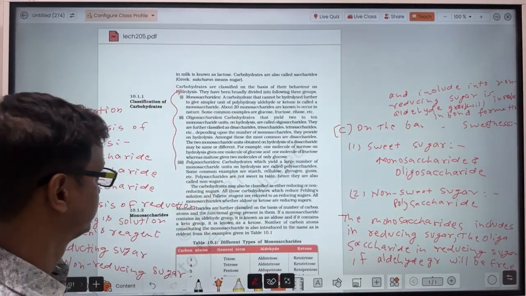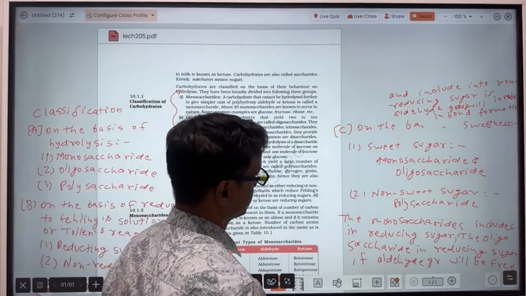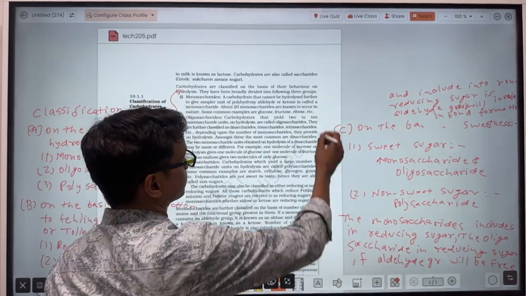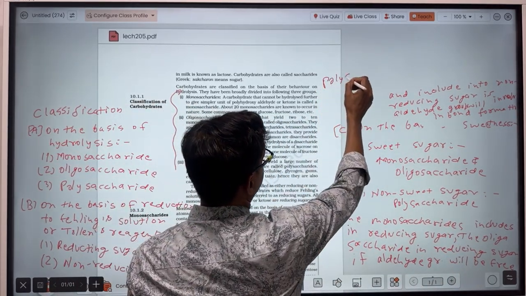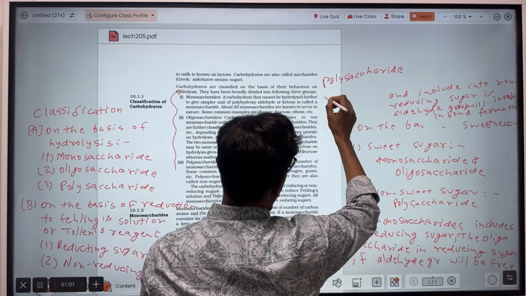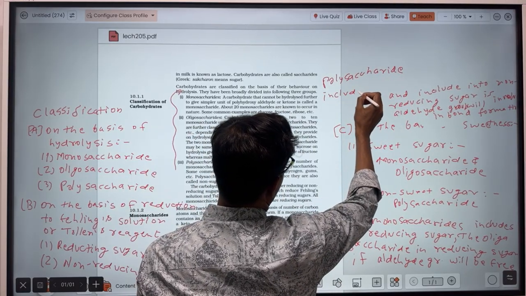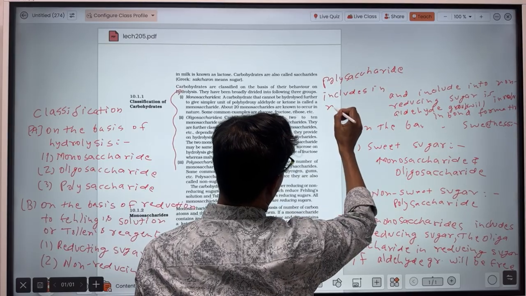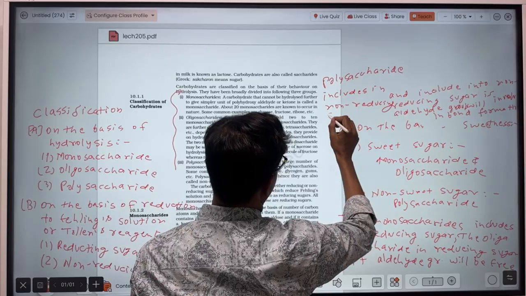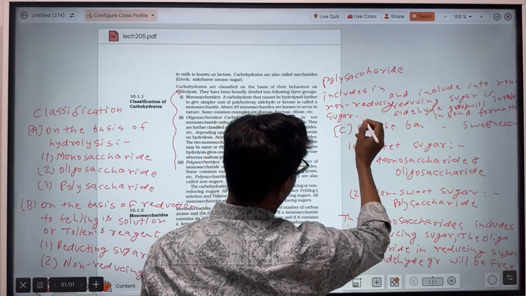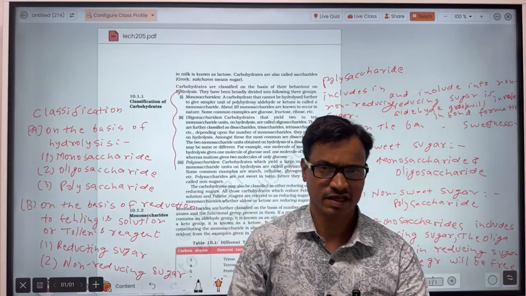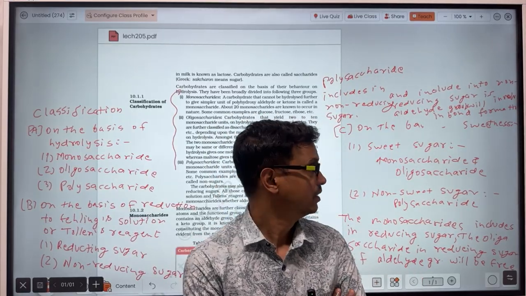Okay, and polysaccharide is included in non-reducing sugar. Keep in mind that all the monosaccharides are included in reducing sugar.